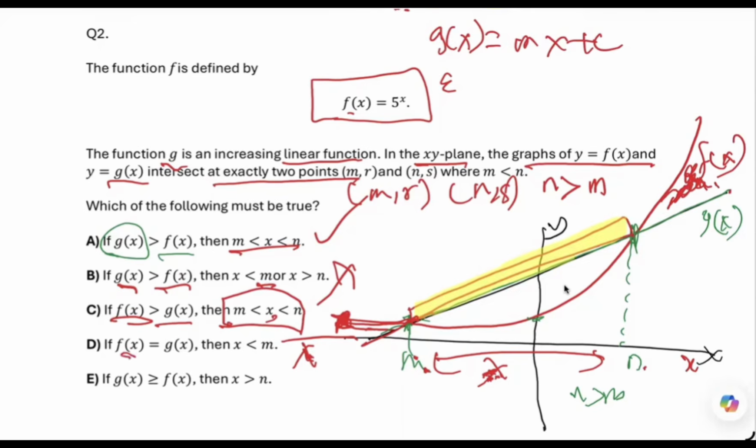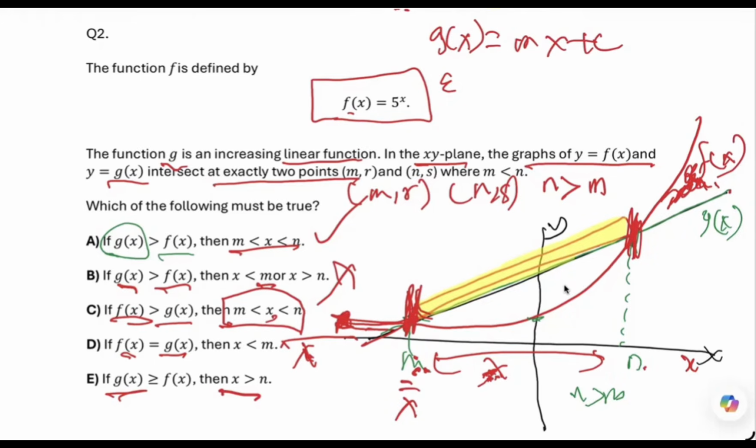If g of x is equal to f of x, that means here, m is greater than x, where m should be equal to x because they are the same line. m is equal to x. So that's not true. If g of x is greater than or equal to f of x, x is greater than n.